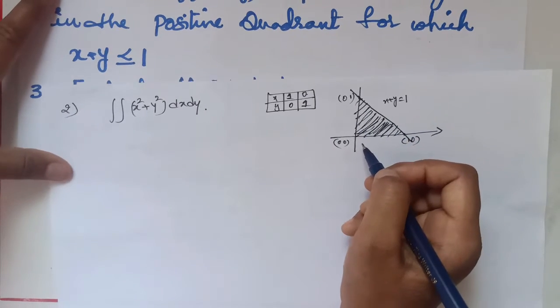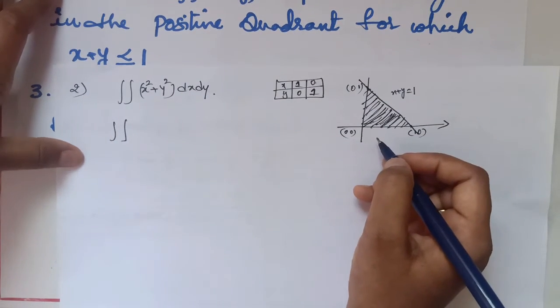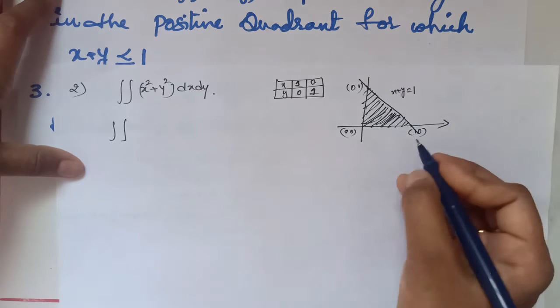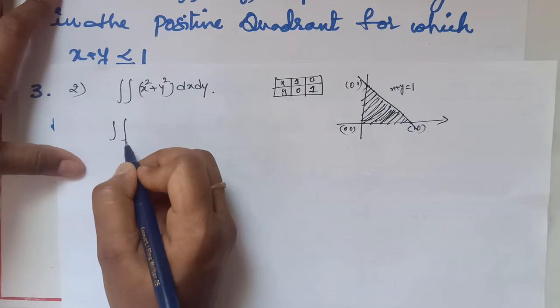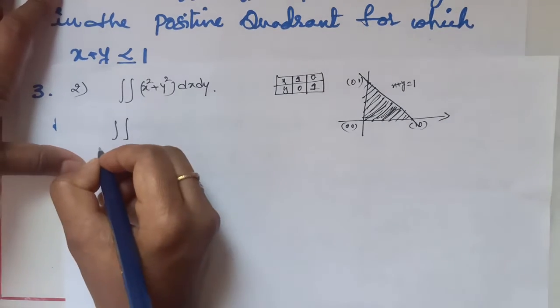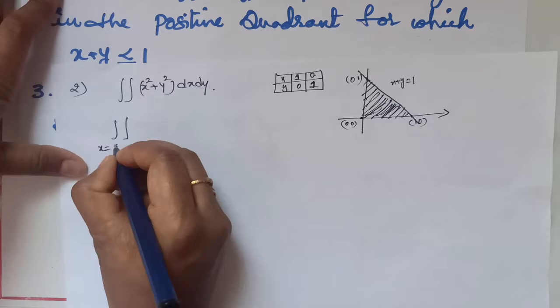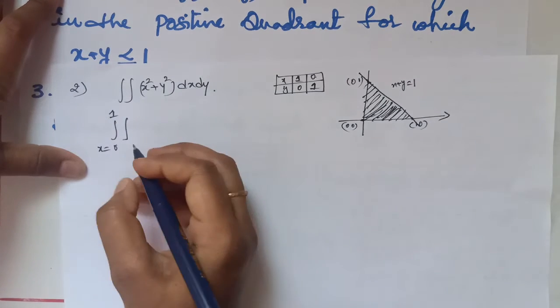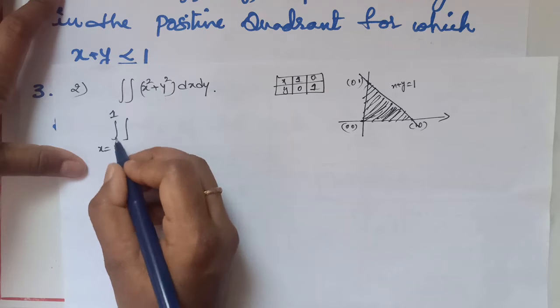Which is only in the positive quadrant, so yes, we should consider this. Now, how can we write down the limits for x and y? Remember, in a double integral you can take constant limits or variable limits. I am taking the x limits first. The minimum value for x is 0 and the maximum is 1, so the x limits are 0 to 1.